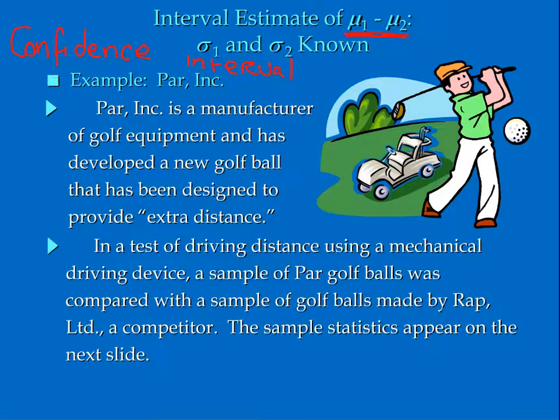Essentially we have two populations: population 1, Par golf balls, and population 2, RAP golf balls. The sample from each is used to represent those populations. Just be clear about the difference between population and sample.